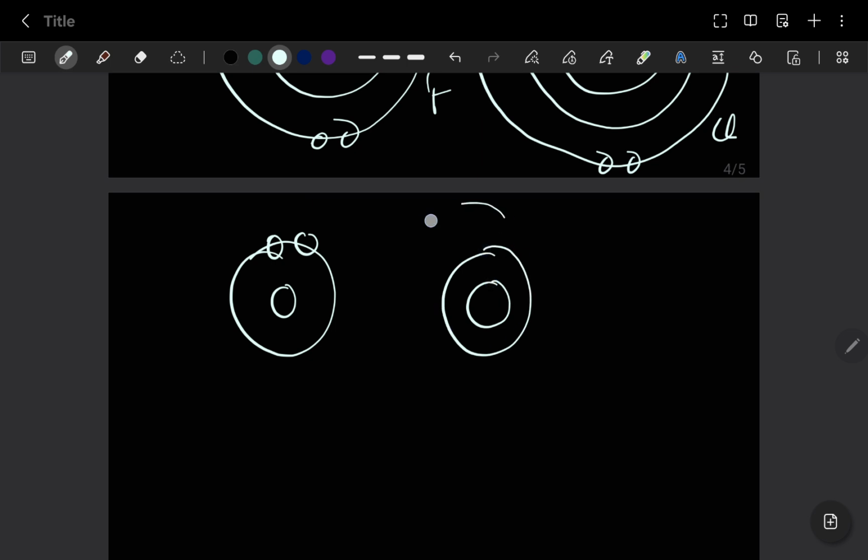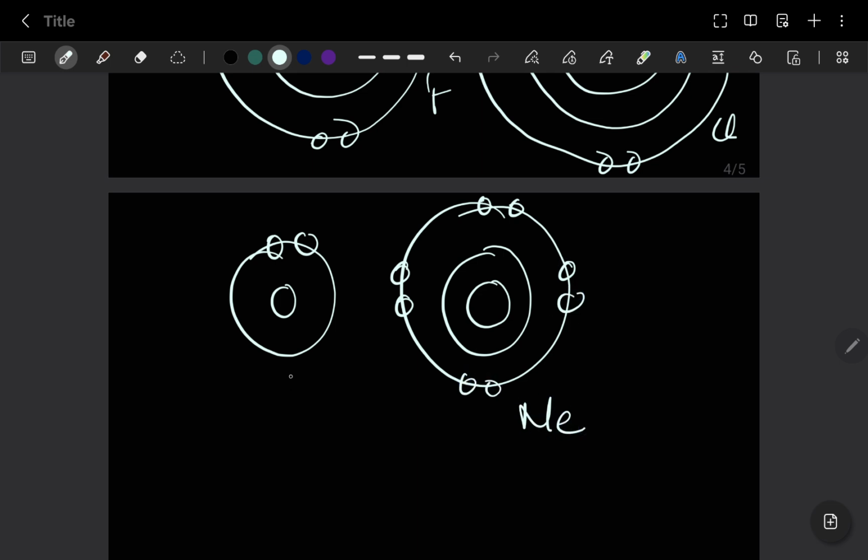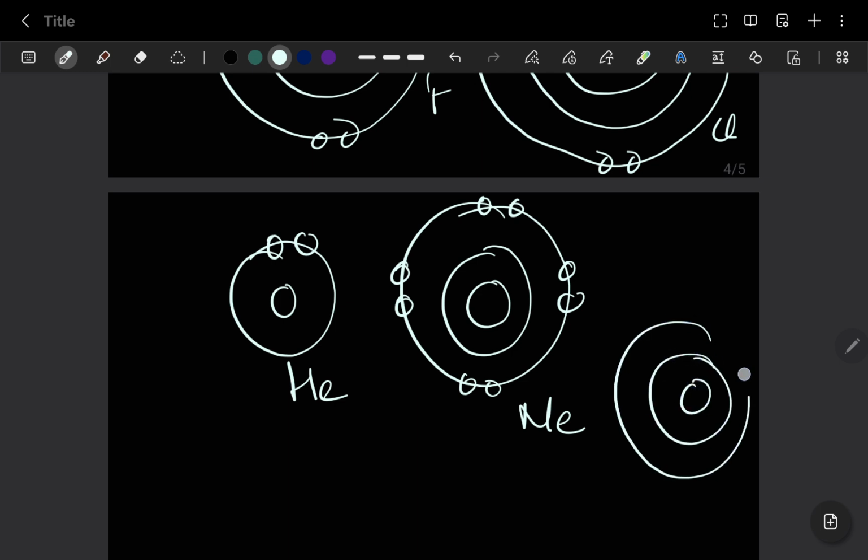Neon has all 8 electrons in its valence shell. If I say argon, it also has all full electrons in its valence shell. So the valence shell is full.